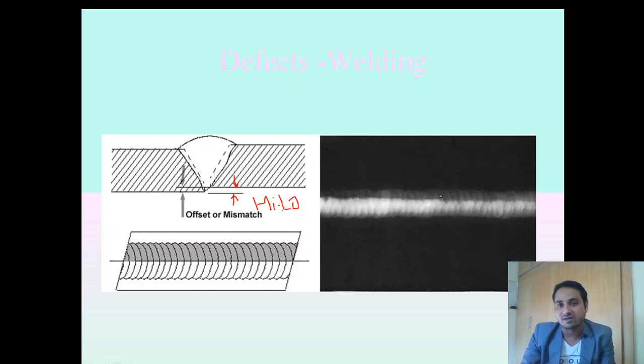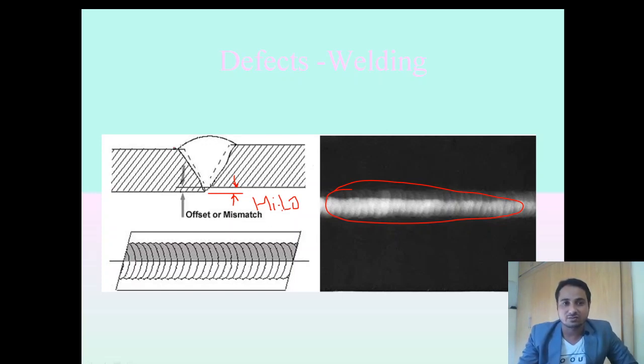So this is high low, and if there is offset or mismatch, we will see the film like this, means one portion will be dark and one portion will be lighter. So this type of appearance will be there in our radiography film. Why will this appearance be there?